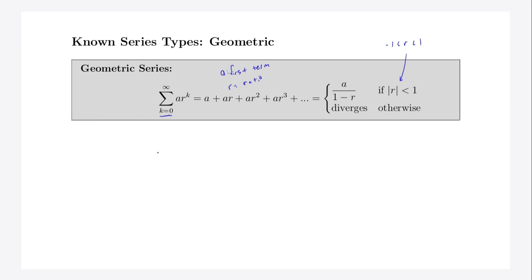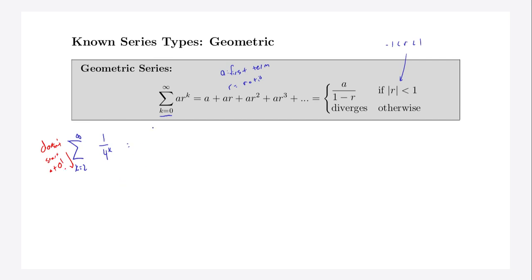So a couple of quick examples that we can do. We're going to get a little crazy, and we're going to look at something like this. Oh, wait a second, look, this index doesn't start at 0. Oh, no, no big deal.